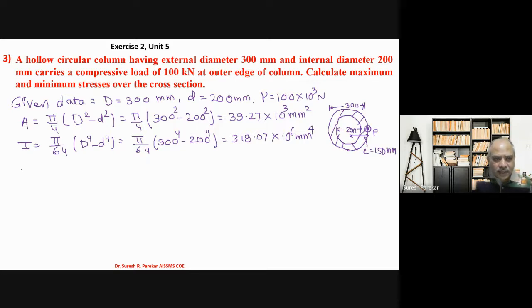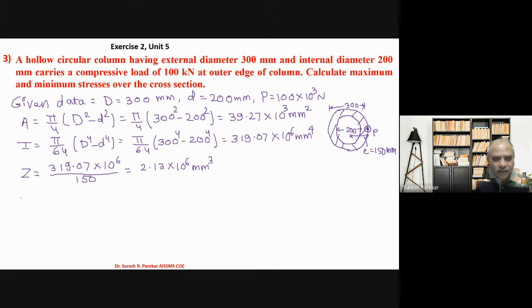And from this we can calculate Z equal to 319.07 into 10 raised to 6 divided by D by 2. So 300 by 2 is 150, and Z we get as 2.13 into 10 raised to 6 millimeter cube.